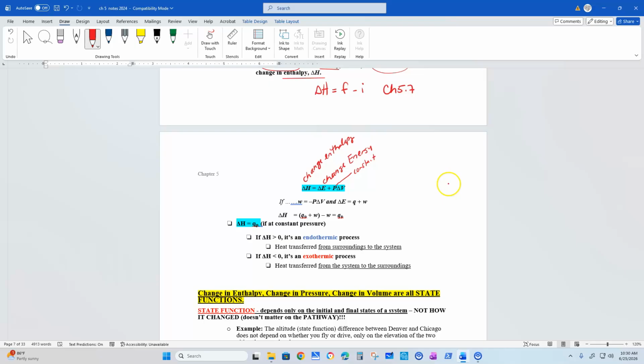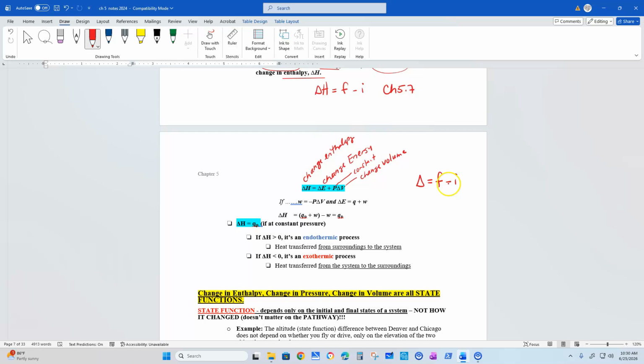But then you have delta V, and we already know capital V is volume, so delta V means change in volume. If the problem mentions a change in volume, anytime you have a triangle, you take the final minus the initial value. But there's a little twist to it. This is where it becomes really cool.